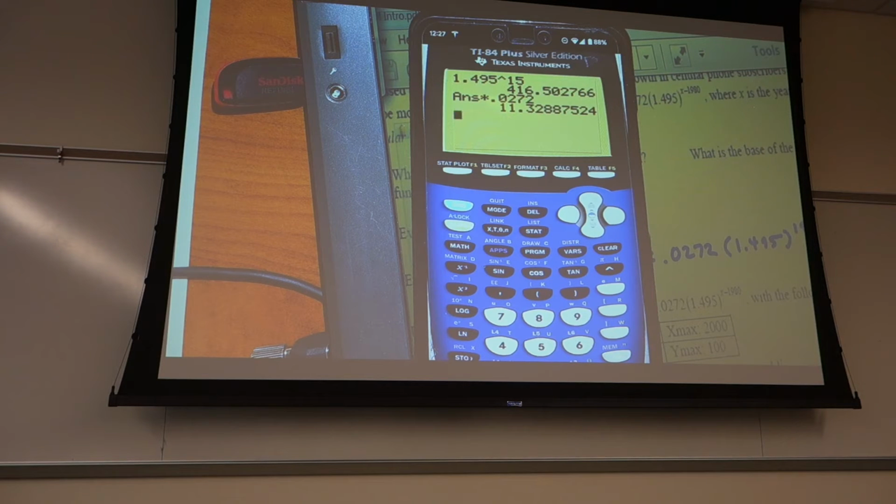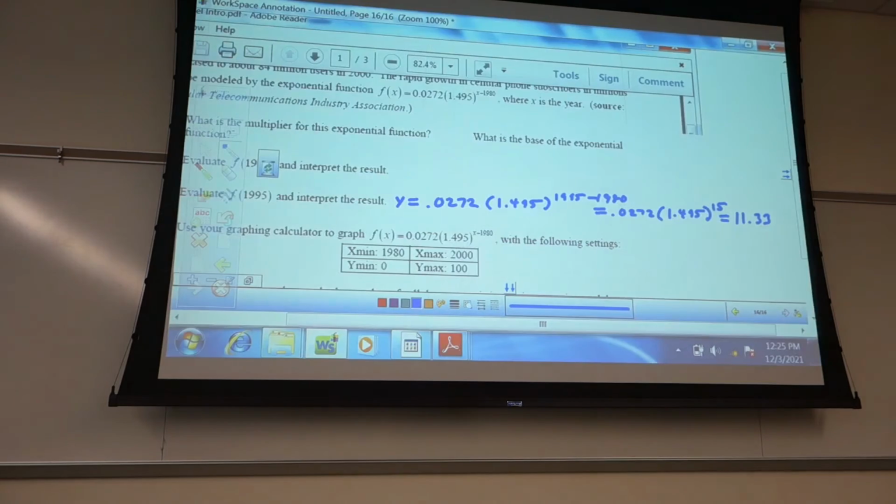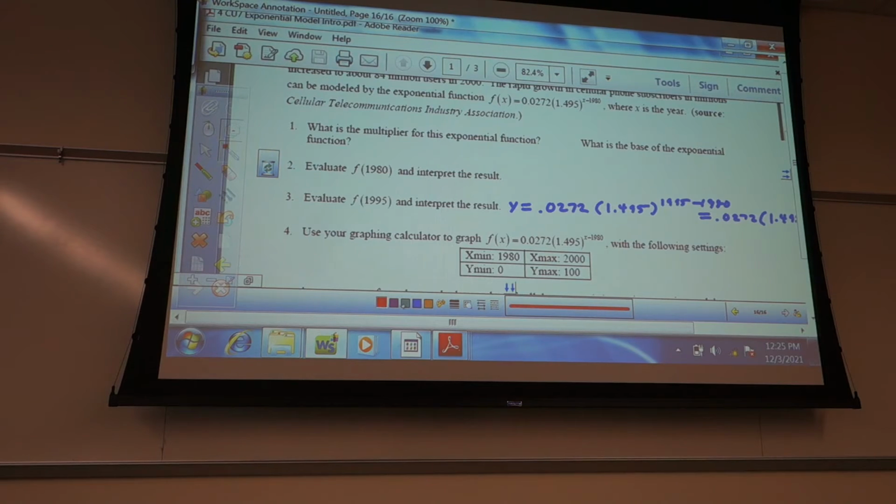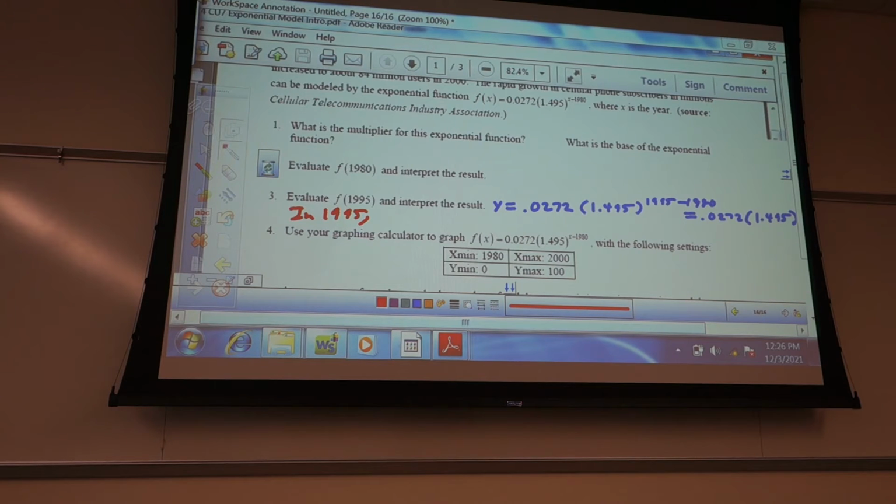So now we need to interpret that. What does that mean? In 1995, what? There were 67 cats in the world? What?